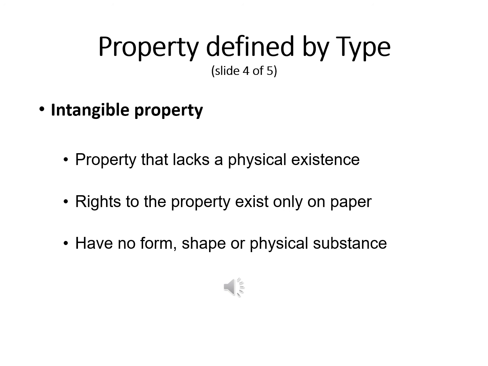And again, table 9.1 on page 9.6 is a good list of the intangible property items like patents, copyrights, trademarks, goodwill, covenants not to compete, and also stocks, bonds, and other securities, in other words, investments that you would make.